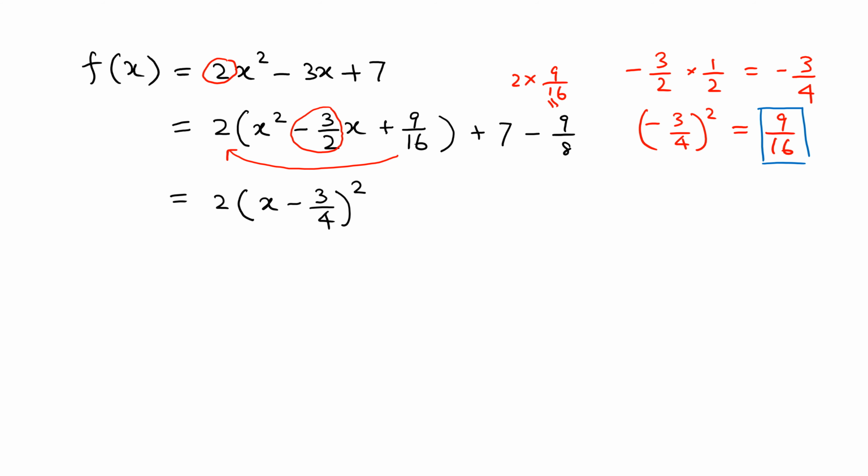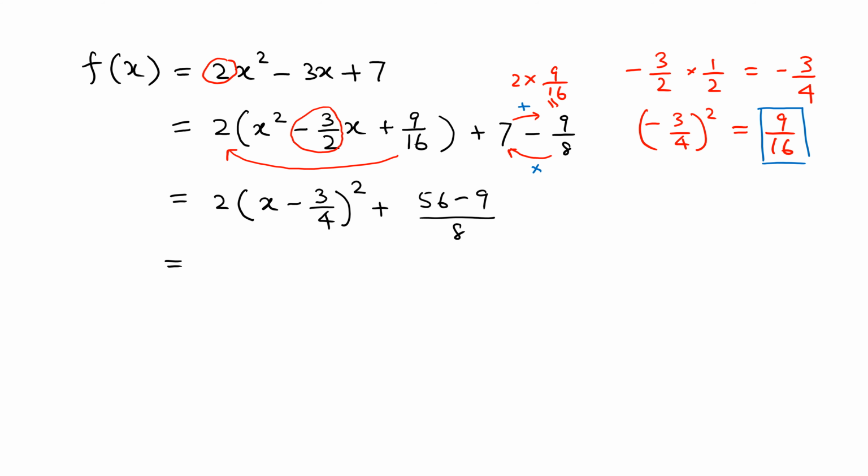And how do we simplify this? What we normally do is multiply these two and add that. So it's a multiplication, and then we can add. 7 times 8 is 56, so we have 56 minus 9, divided by 8.